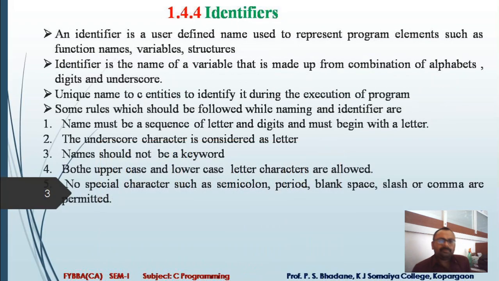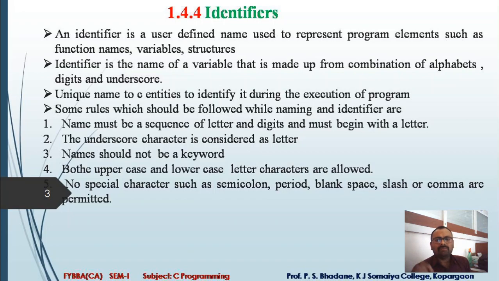Identifiers. An identifier is a user defined name used to represent program elements such as function names, variables and structures. An identifier is the name of a variable that is made up from a combination of alphabets, digits and underscore.